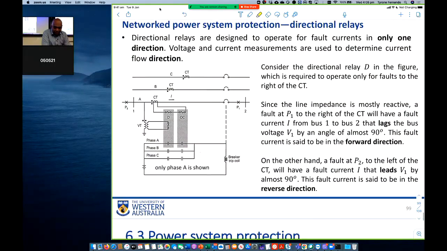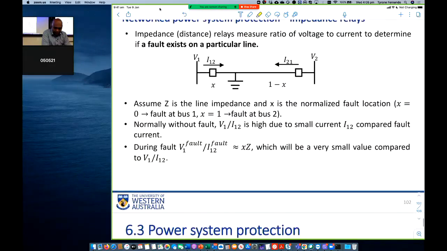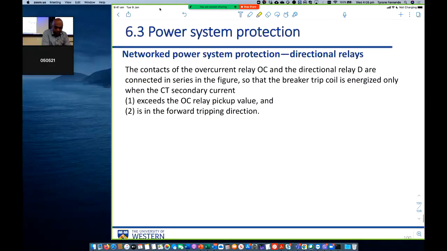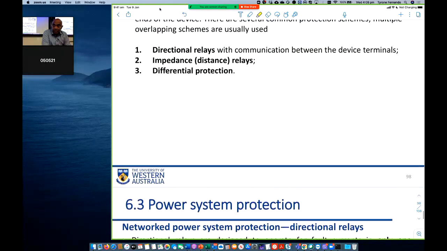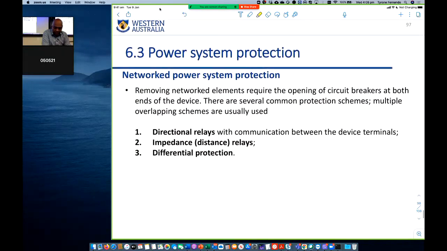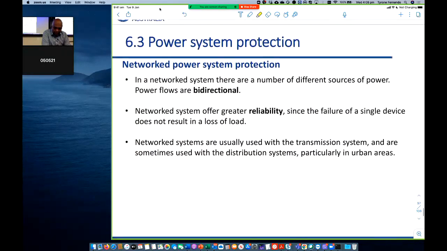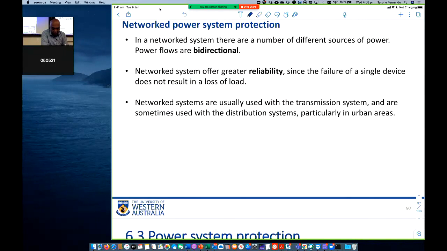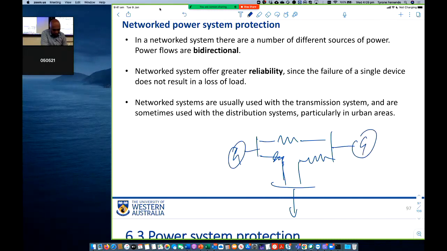For example, we'll look at it later, but load can be supplied from many different sources. If I have something like this, let's say that's a bus and that's a load, and that's the generator, that's another generator, generator 1, generator 2.